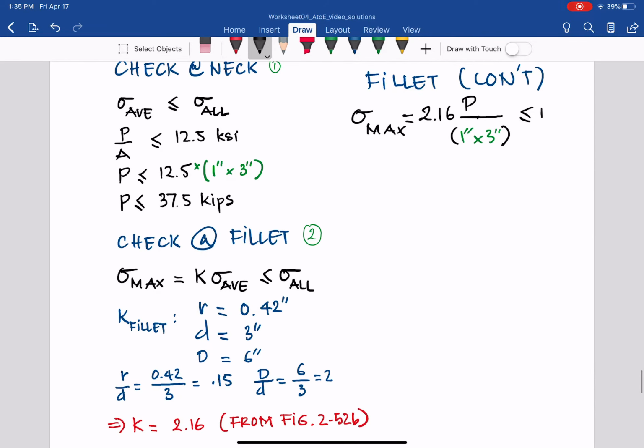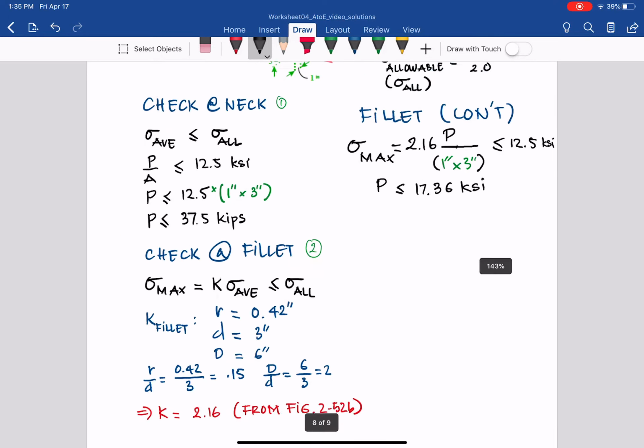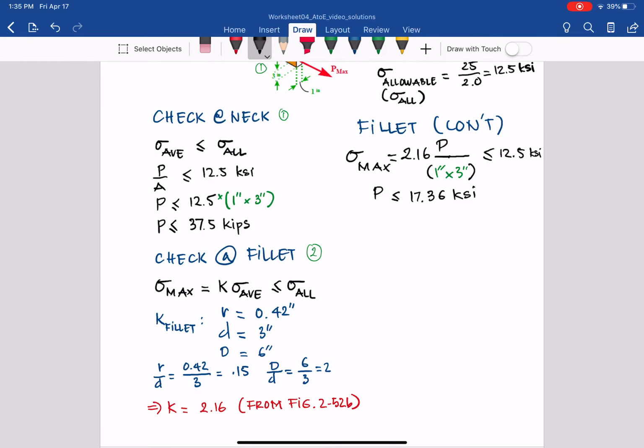From that we have P less than 17.36 ksi. So to make sure the fillet will not break, the maximum load P is 17.36 ksi.